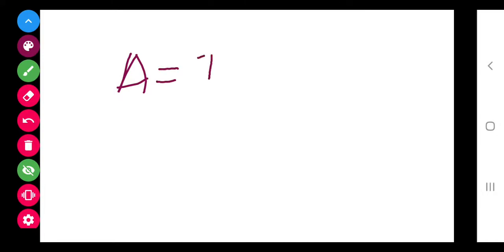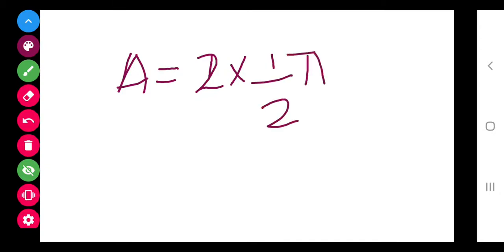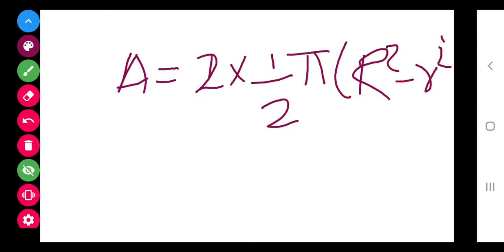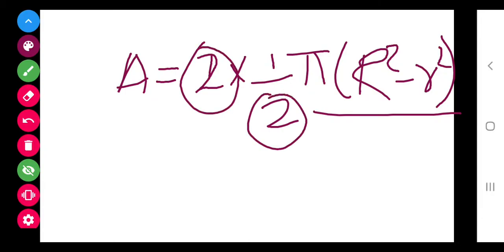the area of two semi rings, 2 into half into pi times capital R square minus small r square. This is the area of the ring. So half means half ring, but there are two of them, so 2 into 1 upon 2 pi (R square minus r square).